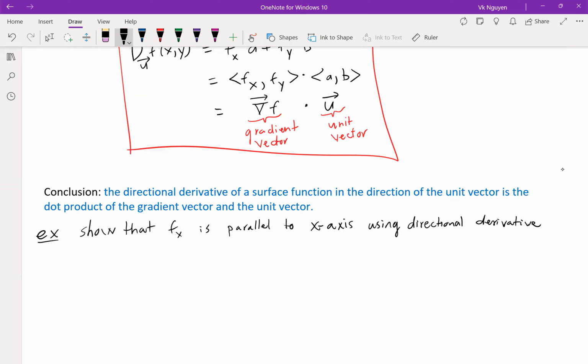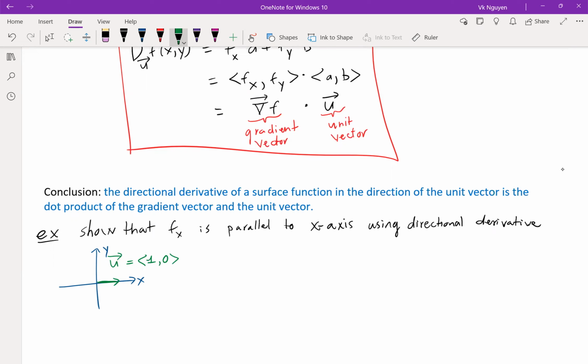Okay, so we can do this one. We just have to pick a unit vector, right? So a unit vector in the direction of the x-axis. So you can pick the unit vector u to be (1, 0). It's the unit vector in the direction of the x-axis.